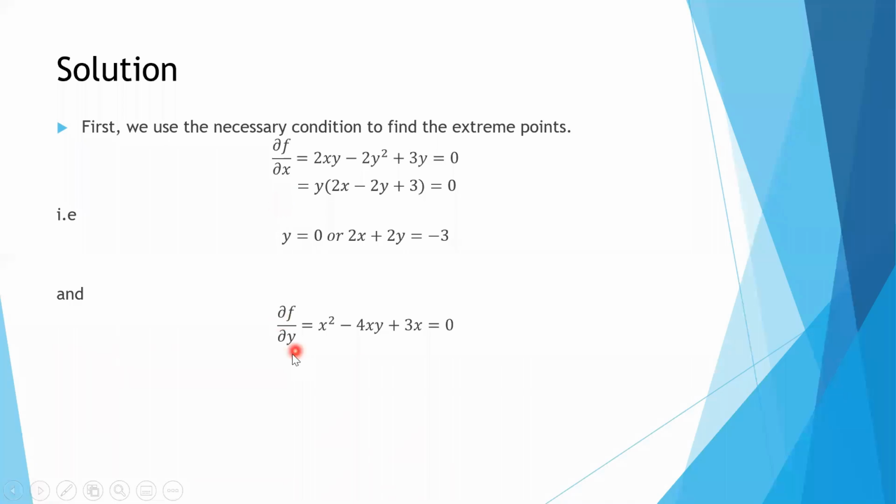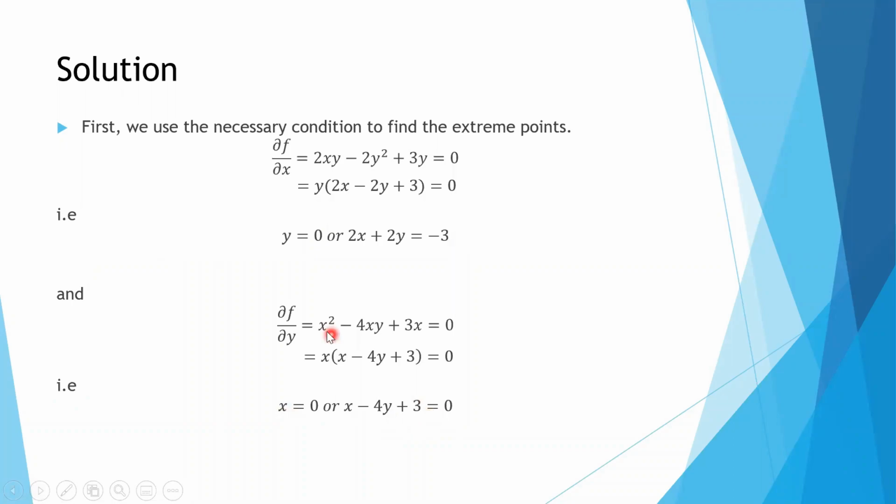This was the first differentiation. You can also differentiate with respect to the second variable, that is y. So ∂f/∂y will become x^2 - 4xy + 3x = 0. In other terms, if I take x common, I have x(x - 4y + 3) = 0. Or in other words, either x is 0 or x - 4y + 3 = 0.